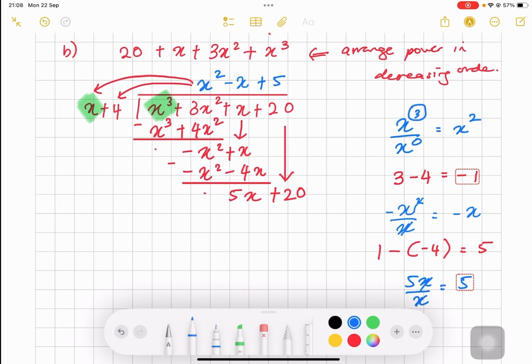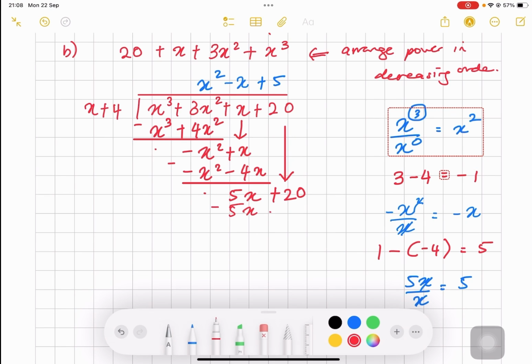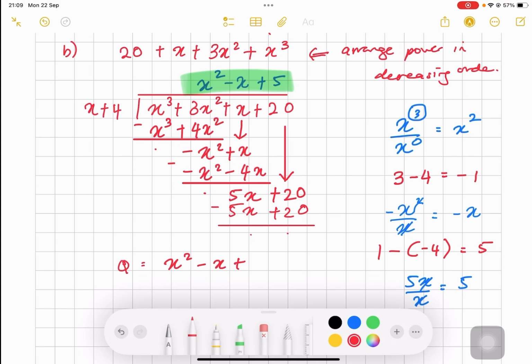So here 5 times x, 5x, and then 5 times 4, 20. So your quotient is x squared minus x plus 5.